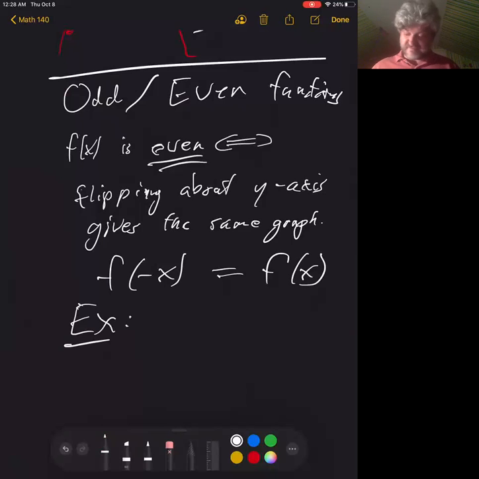Example, the standard prototype example, x squared. But then you can also do x to the 4th, x to the 6th, every even power of x. You can multiply it by constants. You can add constants.